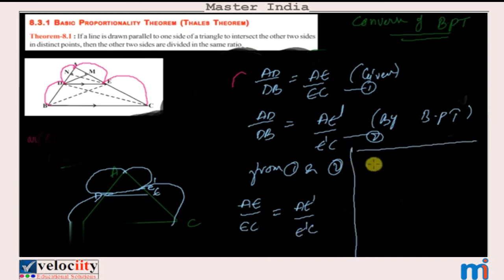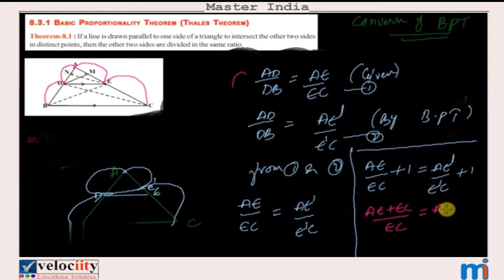Now let us apply componendo to this. Componendo means you just have to add 1 to both the sides. On the left hand side I am adding 1, and similarly on the right hand side I am adding 1. What really happens now? AE plus EC into 1 is EC. I'm just cross multiplying it, or else taking the LCM of it.